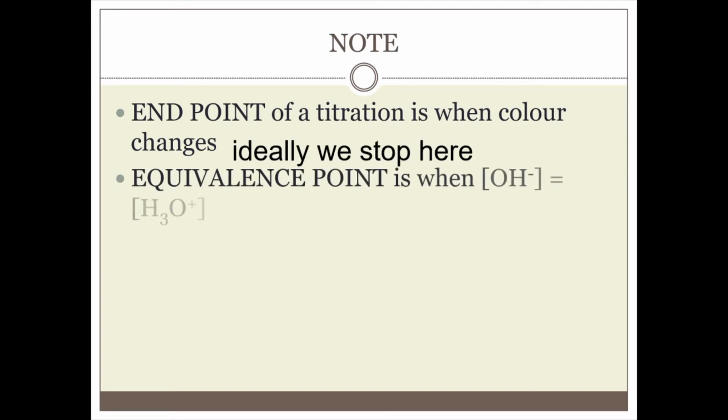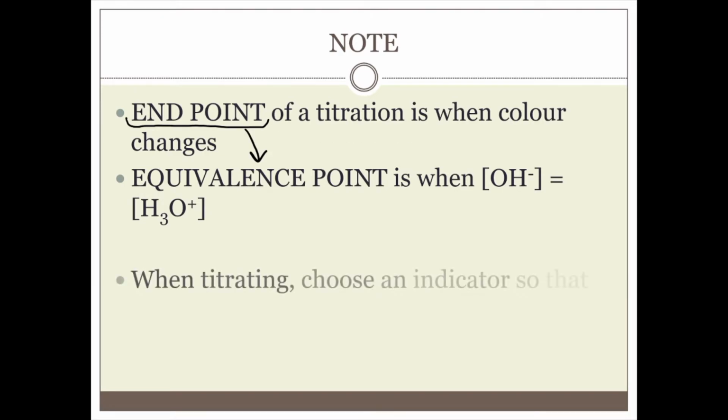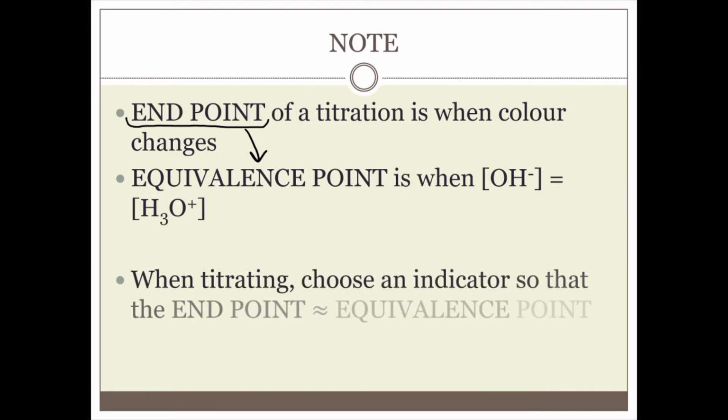For acid-bases, this equivalence point occurs when your OH- is equivalent to your H3O+. Ideally, the endpoint is the same as the equivalence point. We want to choose an indicator that'll change color approximately around where the equivalence point occurs.